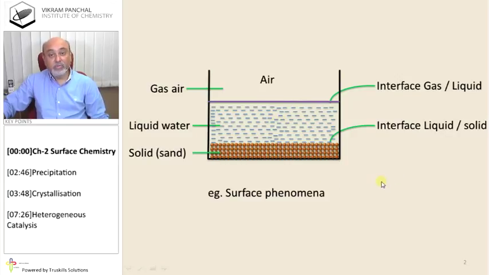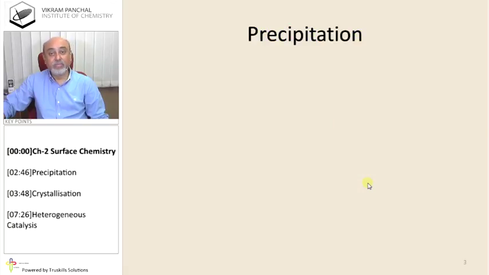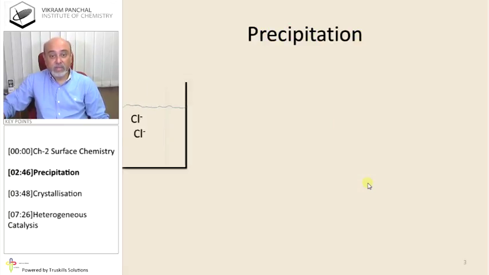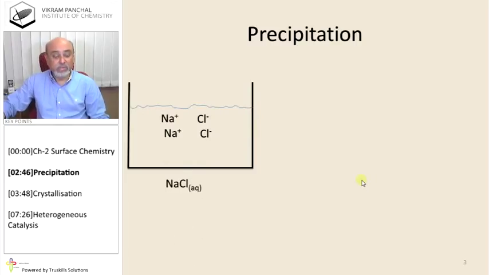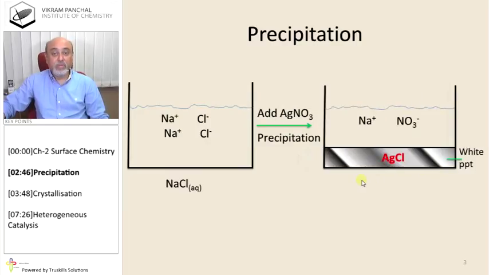Now we would like to see what happens on the surface, which is known as surface phenomena. First we'll see precipitation. Take NaCl aqueous solution in a beaker. Add AgNO3. This is a very simple experiment which you perform during inorganic qualitative analysis. To identify Cl-, we add AgNO3, and if you get white precipitate, this confirms the presence of Cl-.